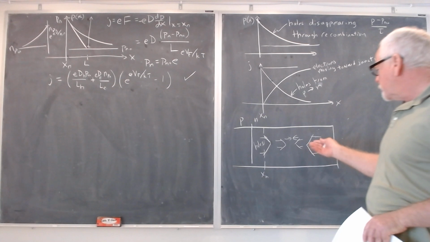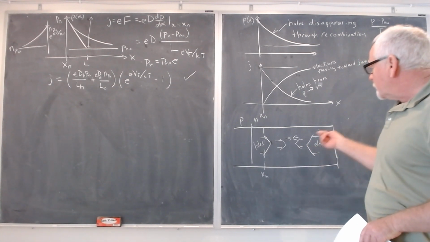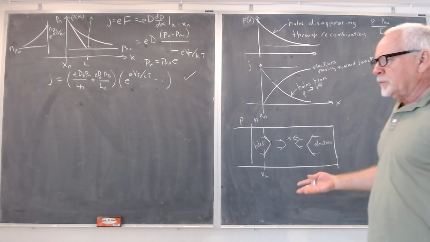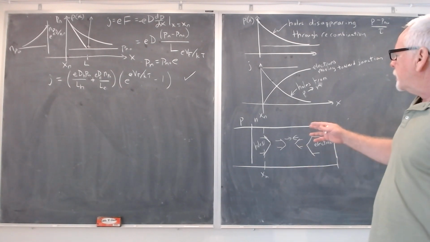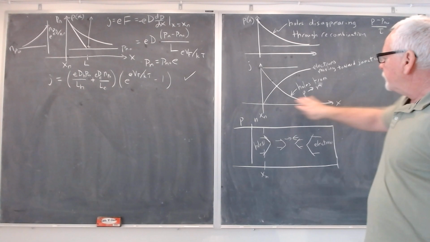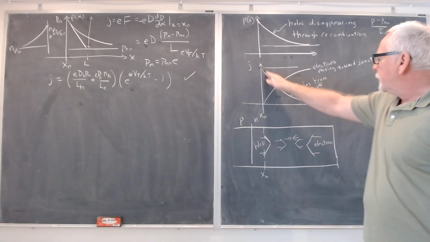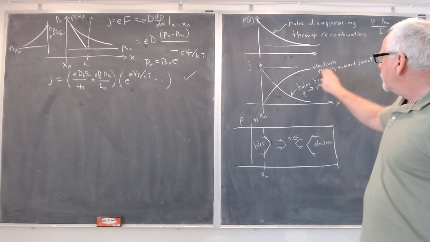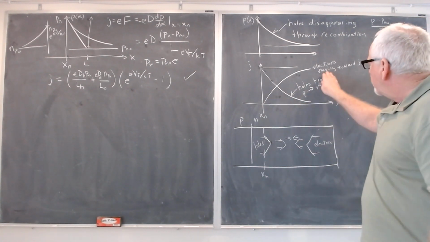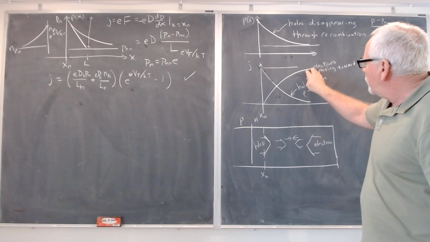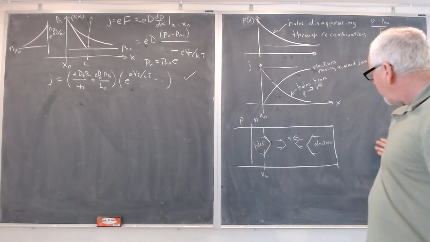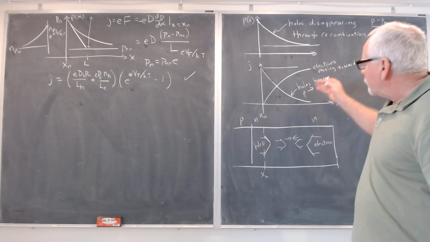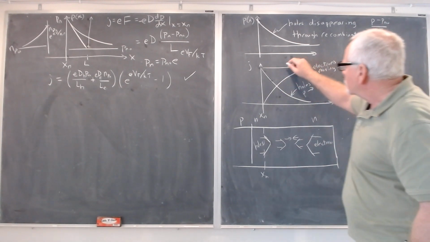You could draw this better, but it's easier to represent it by this plot here: the hole diffusion current is going down exponentially, and it's being made up for by electrons from the right, because remember this is n here, that are recombining with those holes such that J total is constant.